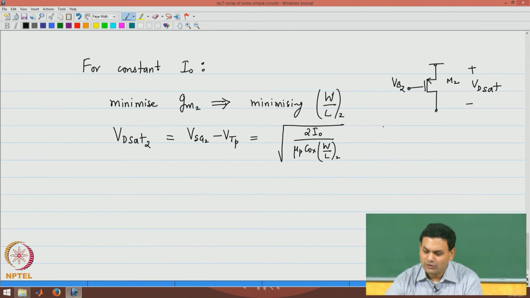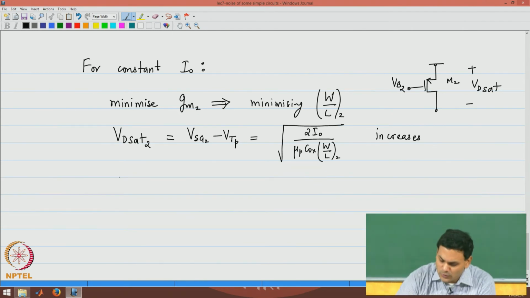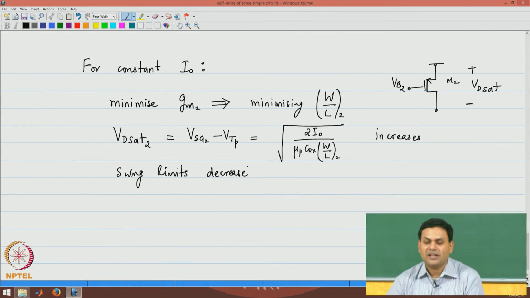So, if you try to decrease Gm2, the VD sat of the PMOS transistor increases and the swing limits of this particular amplifier decrease. So, clearly there is a trade off between noise performance of the circuit and the swing limits of the circuit.